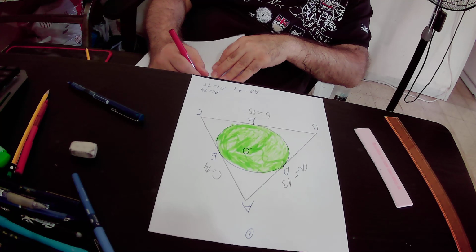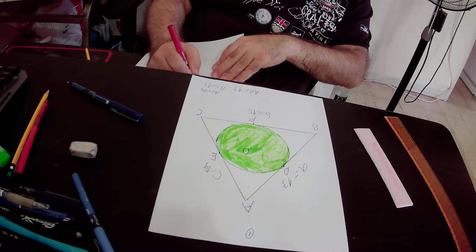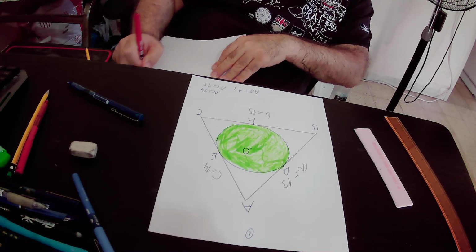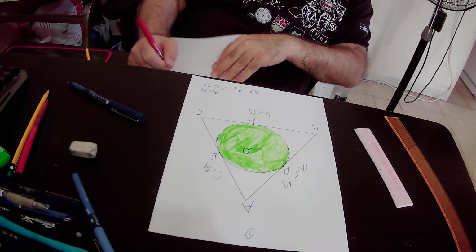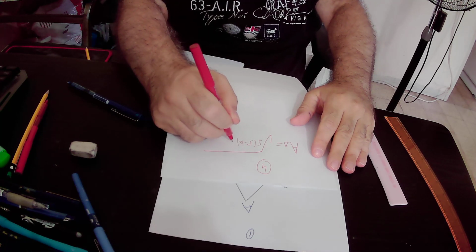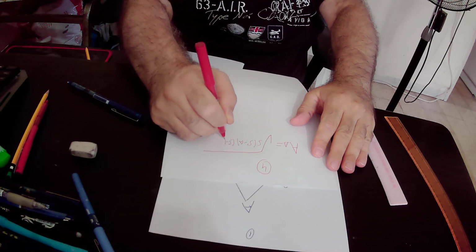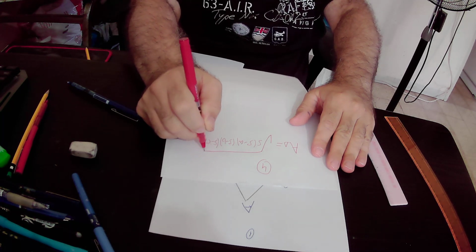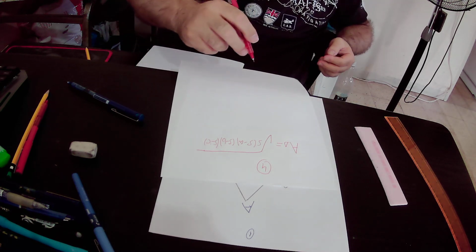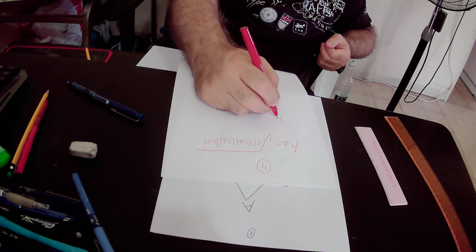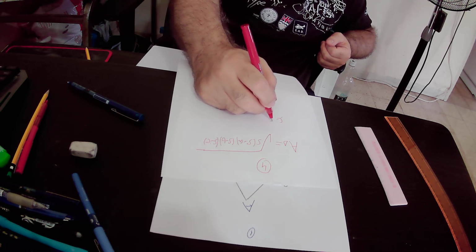So the area of any triangle equals the root of S times S minus A times S minus B times S minus C, where S is the semi-perimeter of that triangle, that is, the sum of the sides over 2.